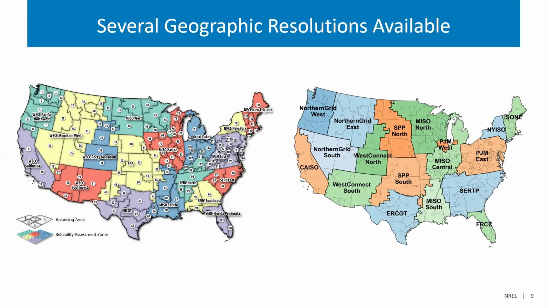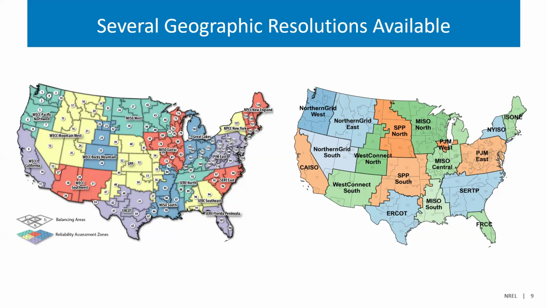Anyway, for the 134 different regions on the left, you can download that data. Often that is more resolved than is either necessary or even sometimes appropriate. Decisions about the electric grid are often made at a larger scale than these regions. You can download it if you want it, and it's helpful for some purposes, but in many instances the plot on the right shows a geographic resolution that is more appropriate for analysis as well as more tractable. It aggregates the US into 18 different regions.